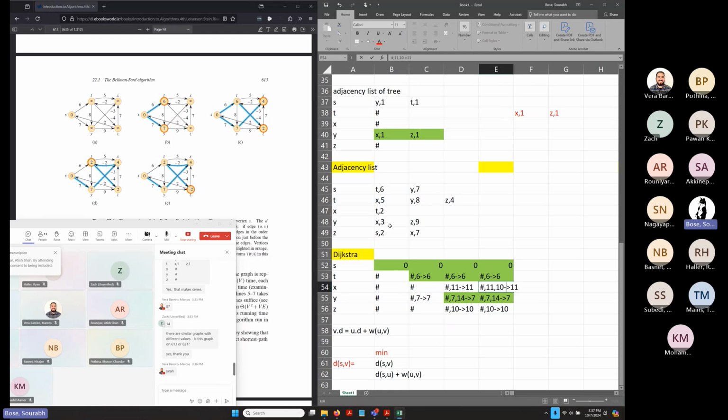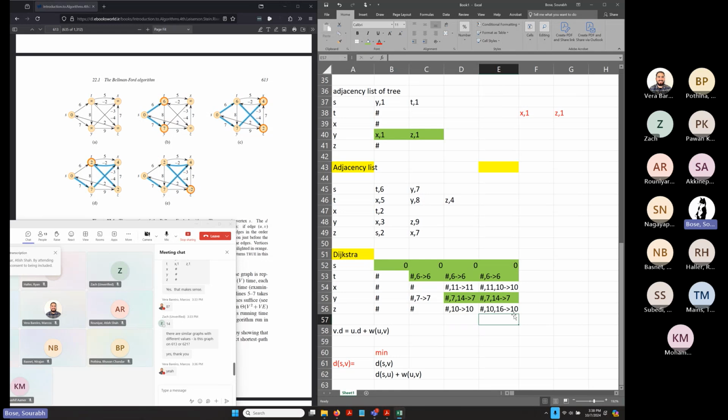So we update X and we pick the new minimum. Now we are offering to Z, which is currently 10, the cost of 7 plus 9, which is 16. So I am offering 16 to this thing. It remains 10 because I have a smaller value.